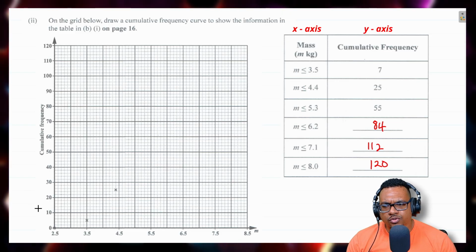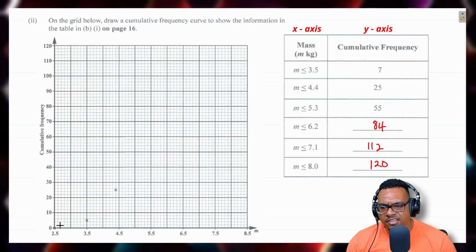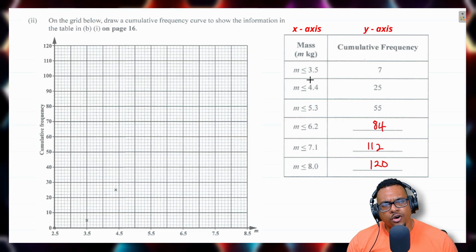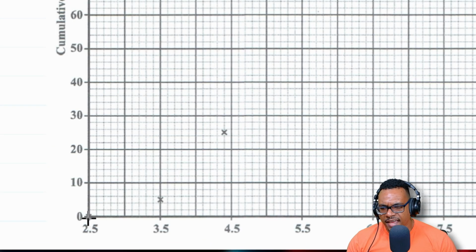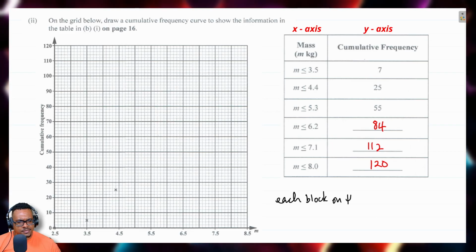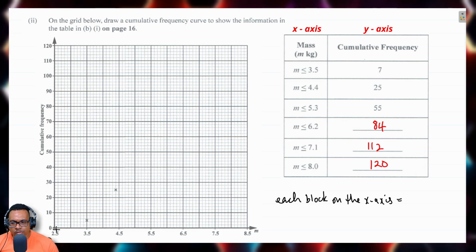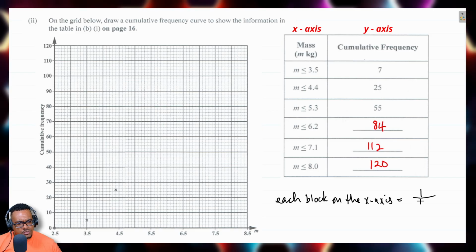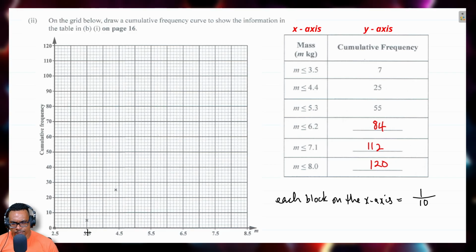Now it's important to know what each little block represents on each axis so that you can figure out how to plot these points. On the x-axis, we are going up by 1, so we have 10 blocks for every 1 unit. Each block on the x-axis is equal to the unit, which is going up by 1 unit, over the number of blocks, which is 10, because we have 10 of the smallest blocks between every unit here.